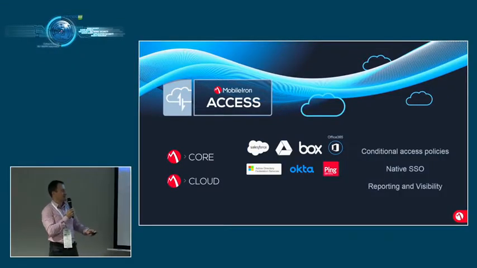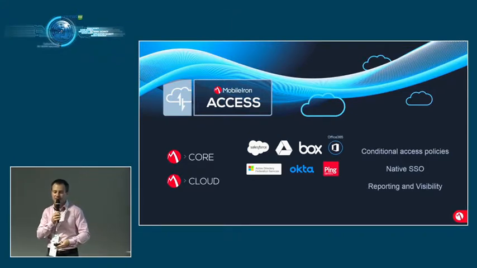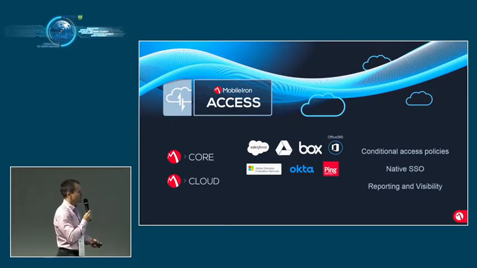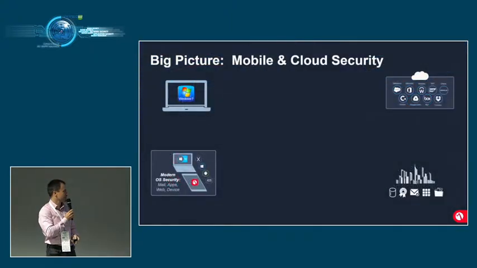We can conduct single sign-on, so we can authenticate users, and also we have very accurate reporting and visibility. We can see what the user used, how the application was used, when it was used, if it was authorized or not authorized, and so on. And the three main operating systems for mobiles are supported.